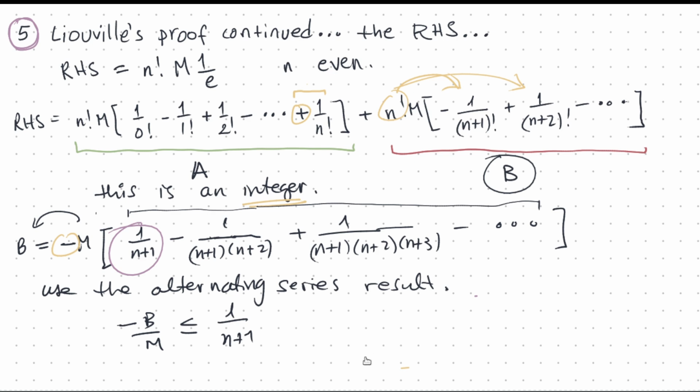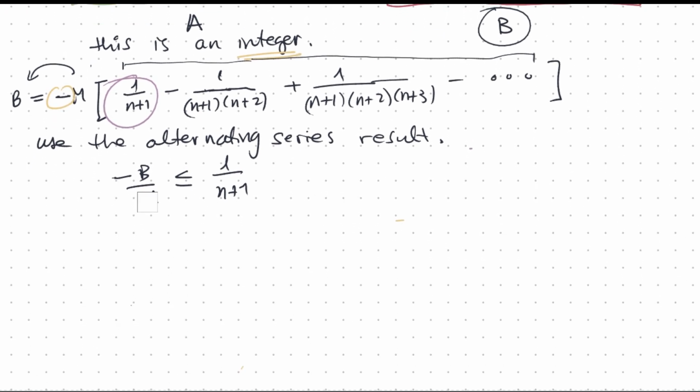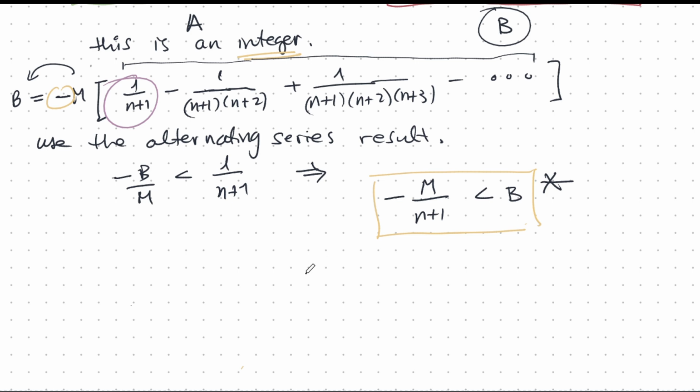And actually, this bound is strict because all these terms of the series are positive. Not counting the signs, they're all positive numbers, and they are diminishing, and the limit is 0. So this is going to be strict, in fact. And there we go. There is our first result about b.